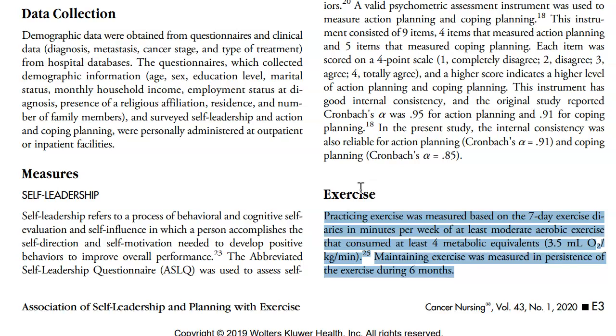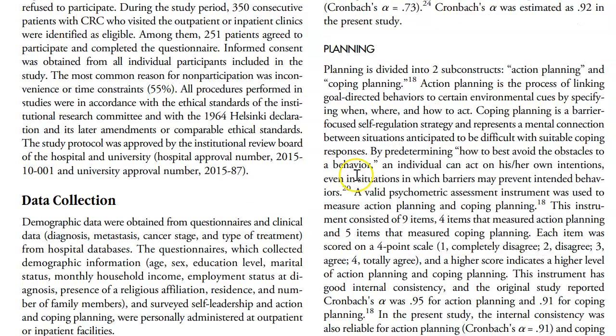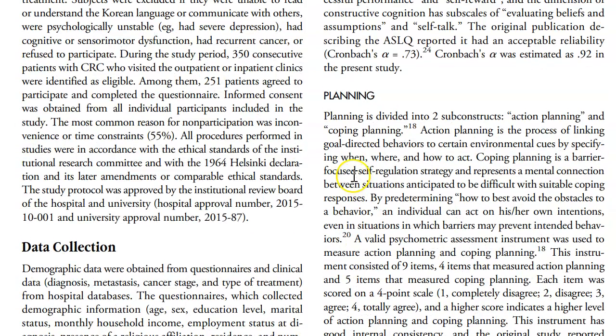So you identify the person and you collect their data right then. So were we asking them how much exercise did you do in the last 6 months and just taking their word for it, or were we identifying them, measuring their self-leadership, and then coming back 6 months later and saying, "Hey, do you want to do this?"